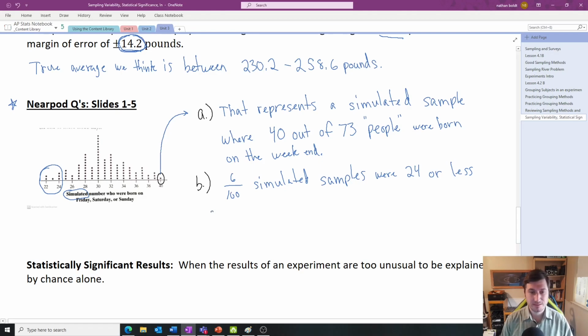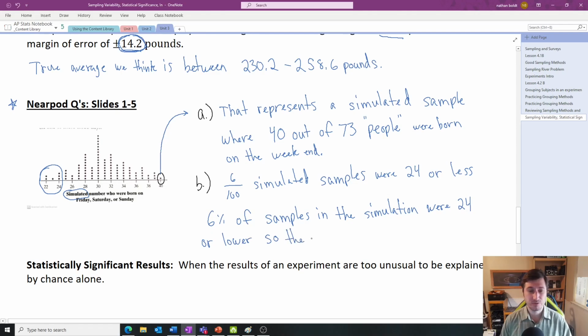All right, so 6% of samples in the simulation were 24 or lower. So the doctor's results, I might even say the doctor's low results, could just have been sample variability.